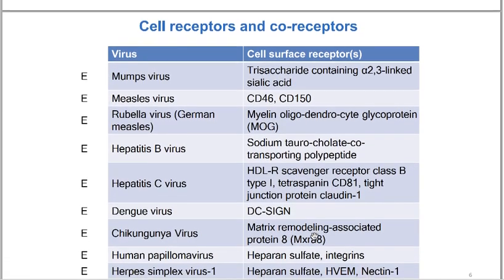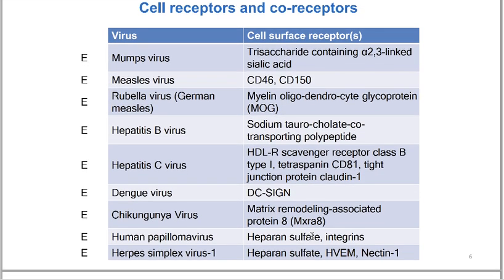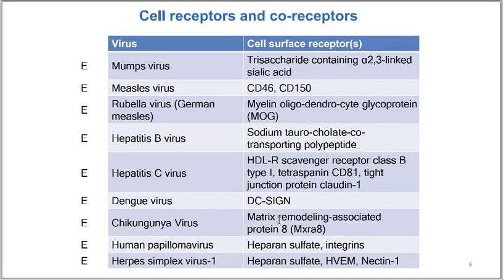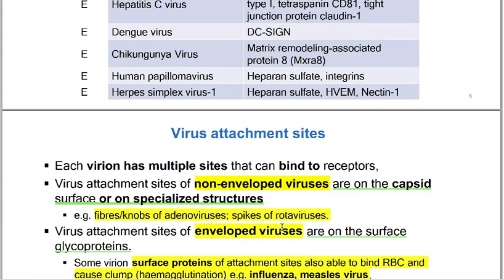And the remaining ones you can also see here, most of the receptors belong to the immune system. So mumps virus has a trisaccharide containing sialic acid, CD14 for measles, mumps, and rubella virus MOG. So there are different types of receptors.